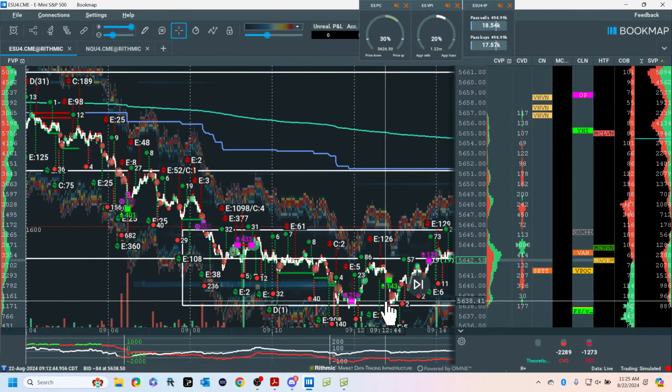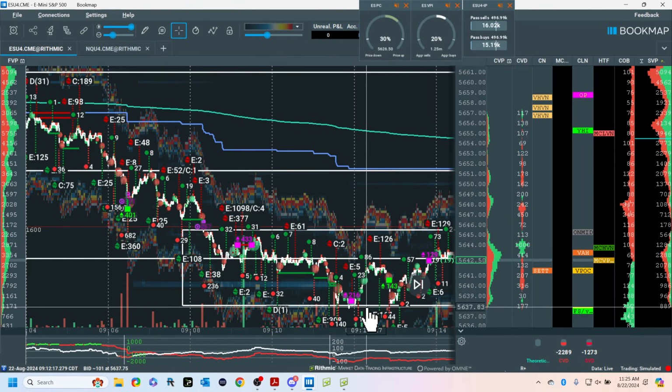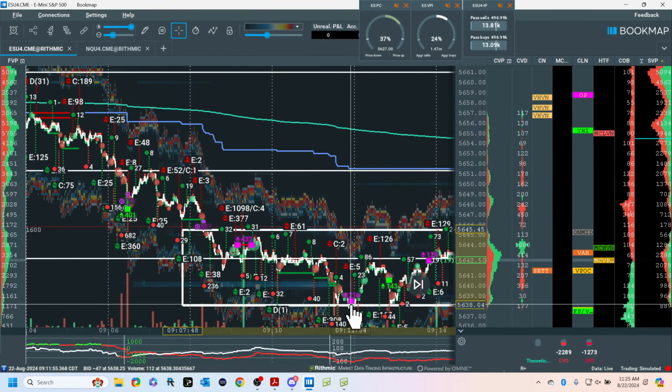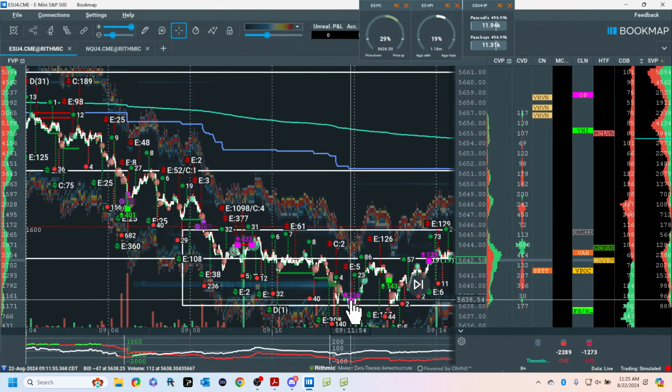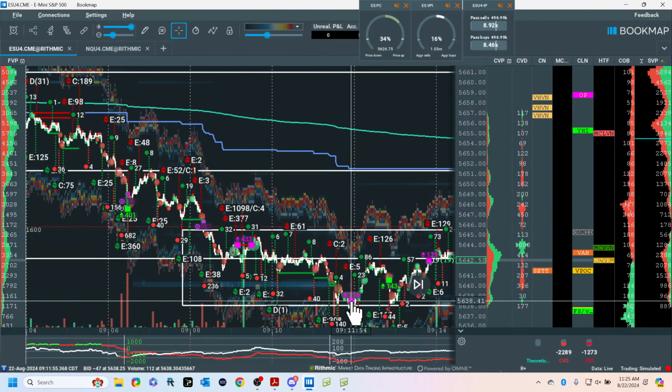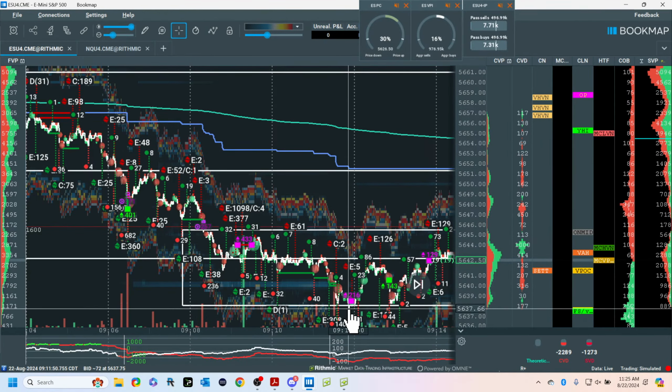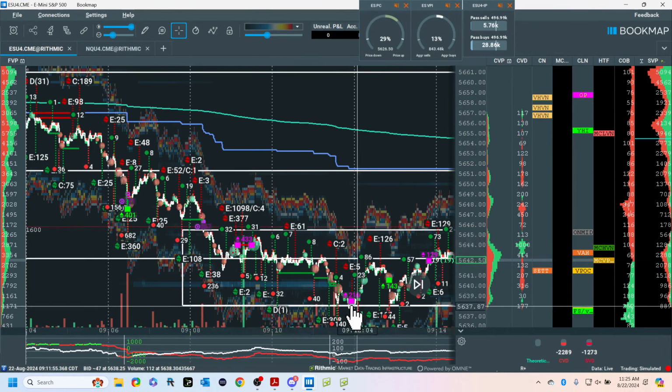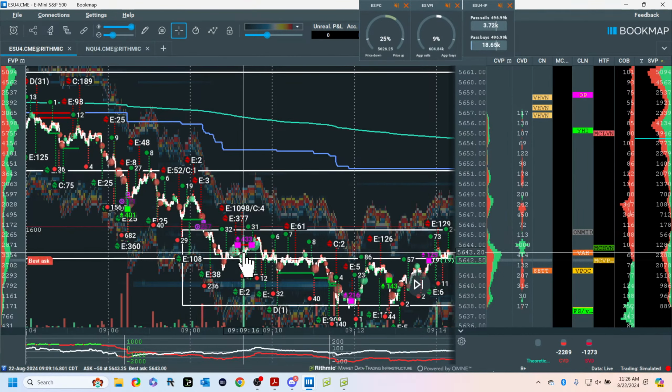Now here's the thinking. I'm just giving you thinking. If the buyers thought this was a good price and the sellers, this iceberg actually, got absorbed, is it possible that the buyers who thought this was a deal, oh, it's on sale, and the retail price potentially is right here?